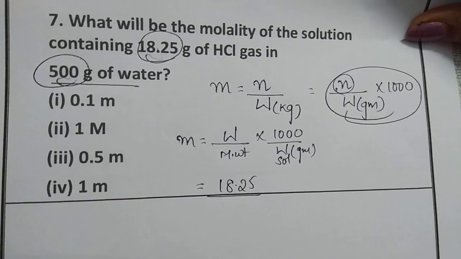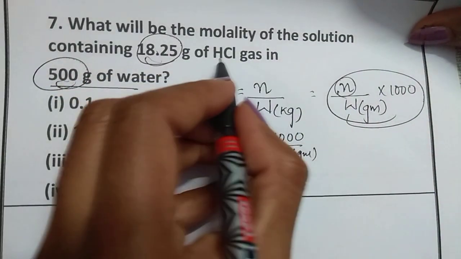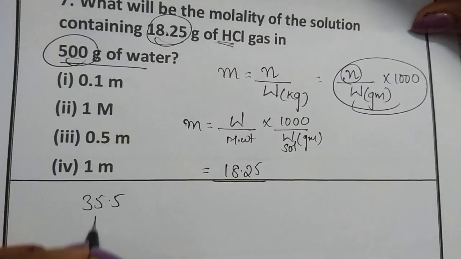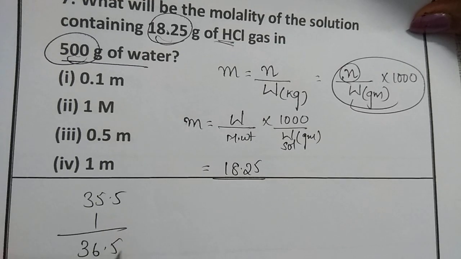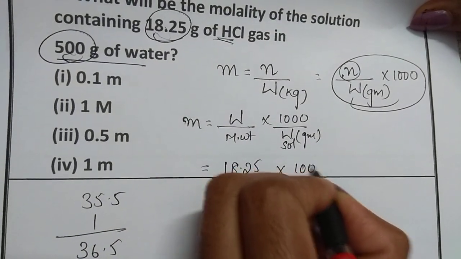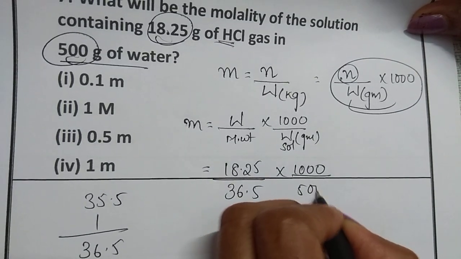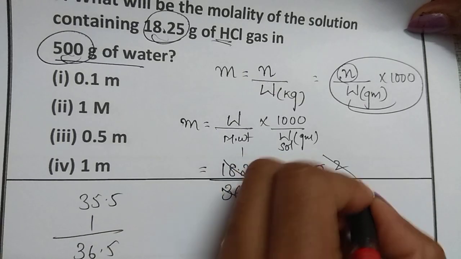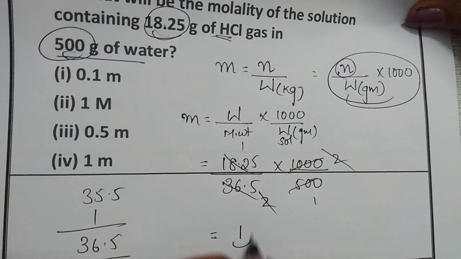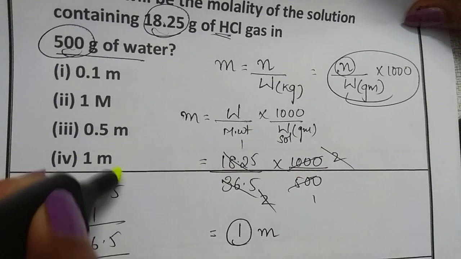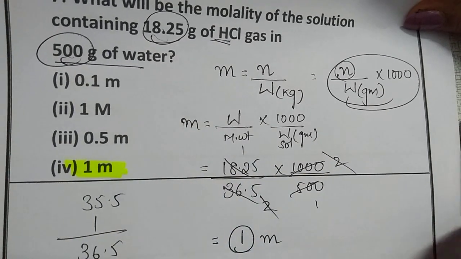Substitute it, divided by molecular weight of HCl, which is chlorine 35.5 and hydrogen 1, so 36.5. Now 36.5 into 1000 by weight of solvent is 500. 2 will be cancelled. Then 1 molal. Molality unit is small m. Then your answer is option 4.